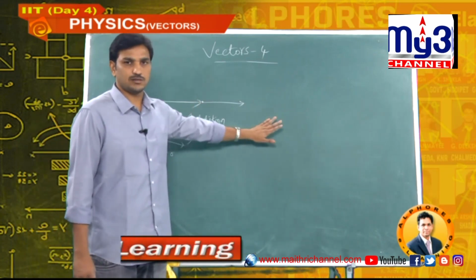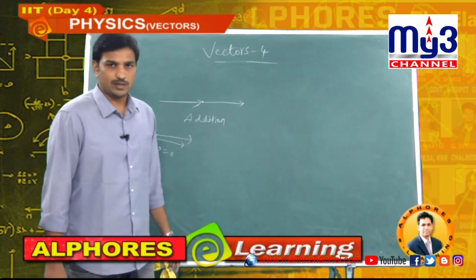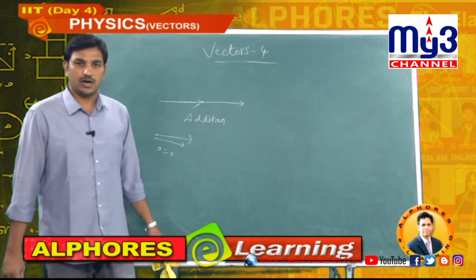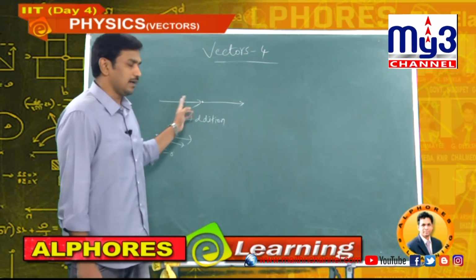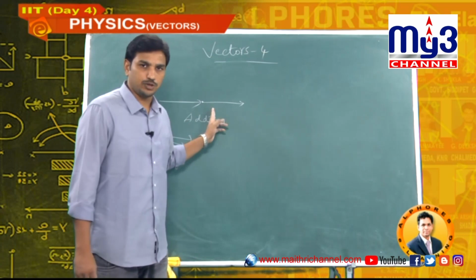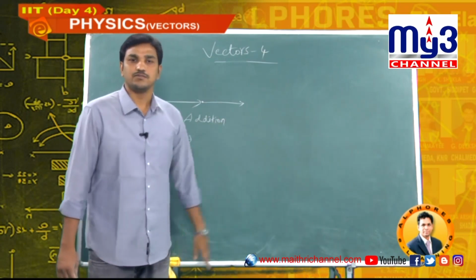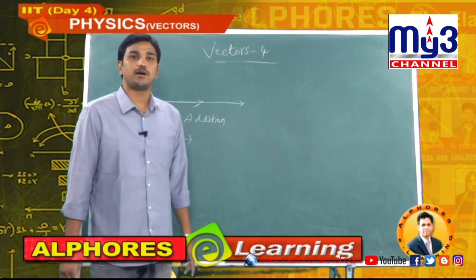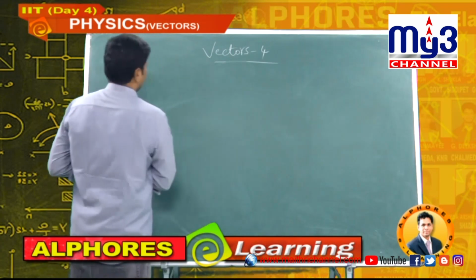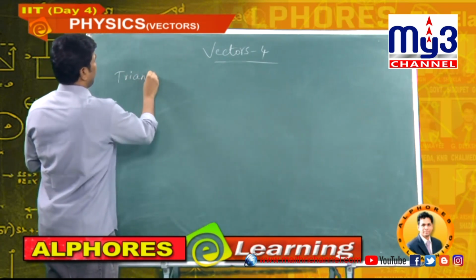To resolve this, we have introduced different laws. First one is the triangle law of vectors. I already told you when we should use it: when the angle between the two vectors is other than 0 and 180, to add the two vectors we apply these laws. First one, triangle law of vectors. Next one, parallelogram law of vectors. We will see them one by one. First one, triangle law of vectors.